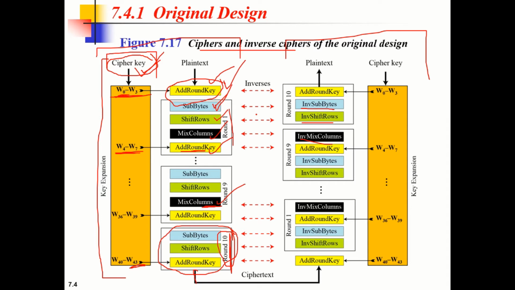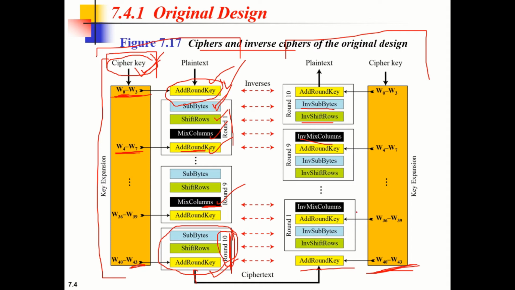Fine. Then at the decrypting end, what do we do? We again perform all of these operations, but these operations are now the inverse of the operations which we have performed at the encrypting end. First of all, the add round key, in which we'll be using these 4 words, W42, W43, right?